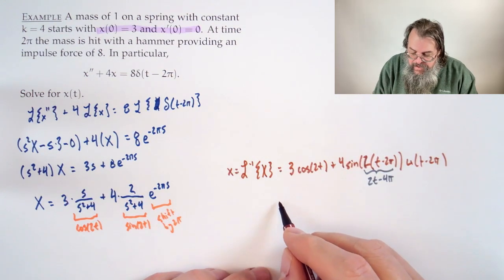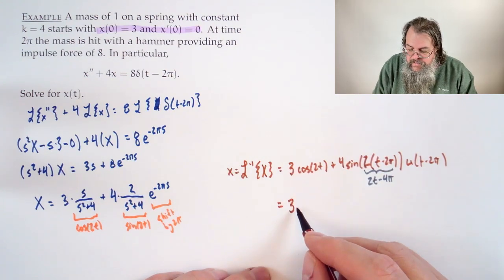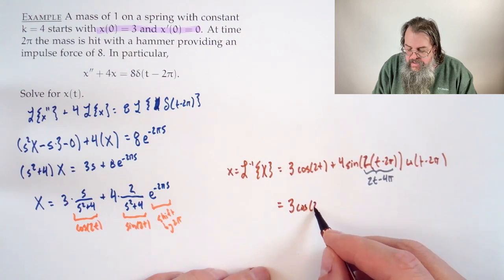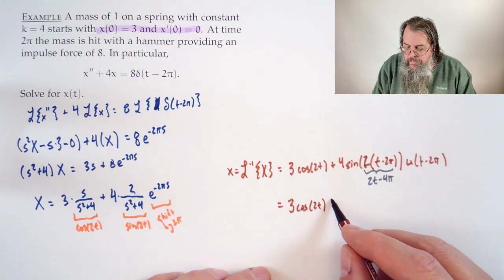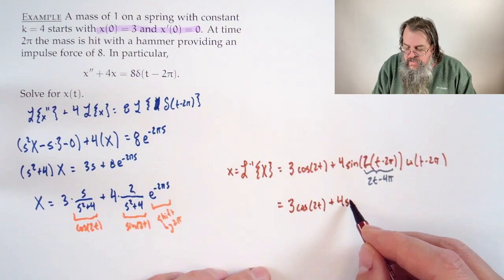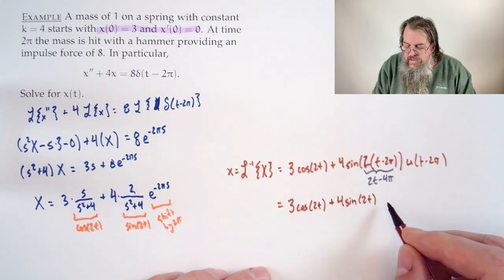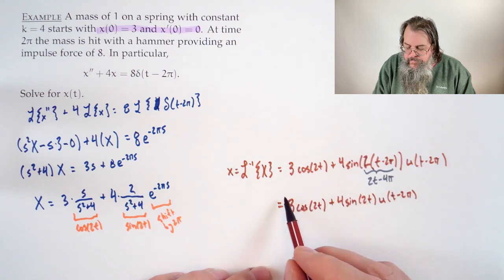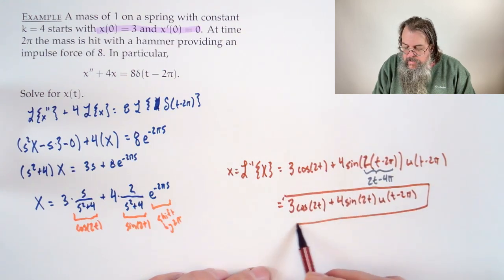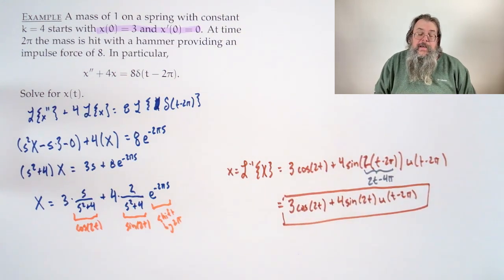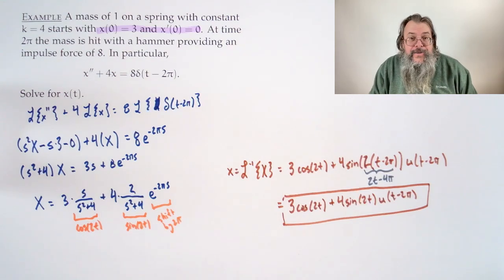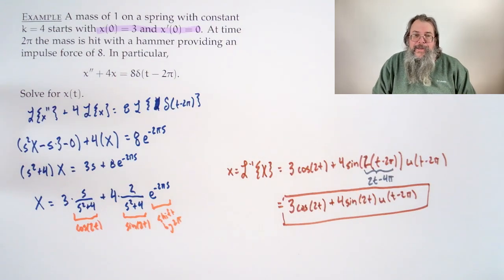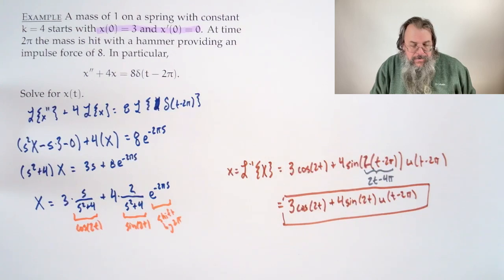So we could say, this really behaves like 3 cosine of 2t plus 4 sine of 2t, u of t minus 2 pi. And there we go. Now, for all of you math lovers out there, who's not a math lover? Of course we love it.